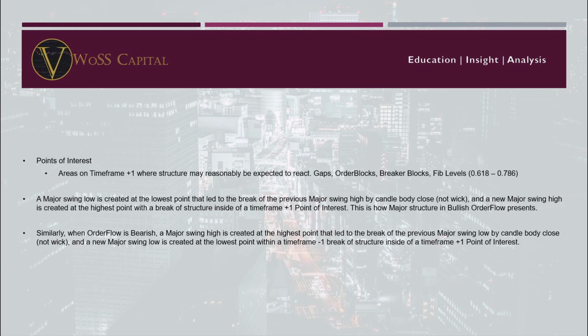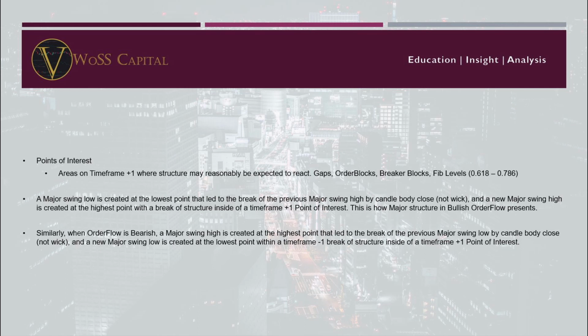So in this instance we're looking at the daily, and if we're looking for somewhere where the daily breaks structure to the upside, so it's an impulsive move through a range high, I would be looking on the weekly to see if there are any points of interest within the weekly time frame where that impulsive move might react, might stall, as well as on the time frame itself. Is there anything on the daily that might be an area of interest where that move might stall?